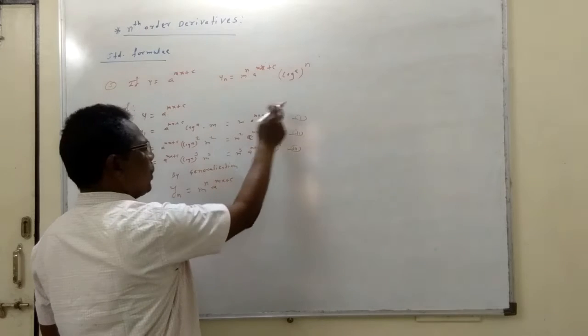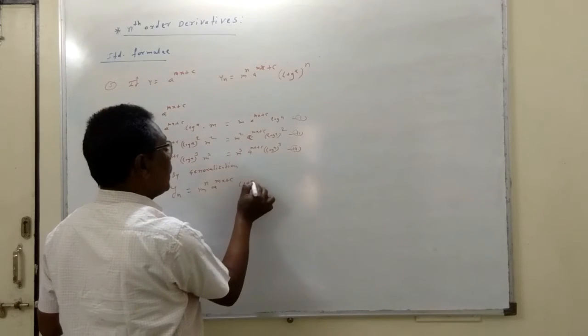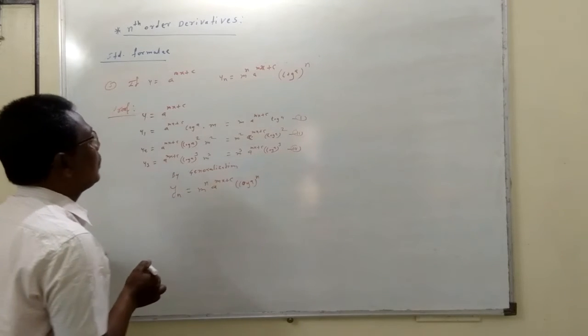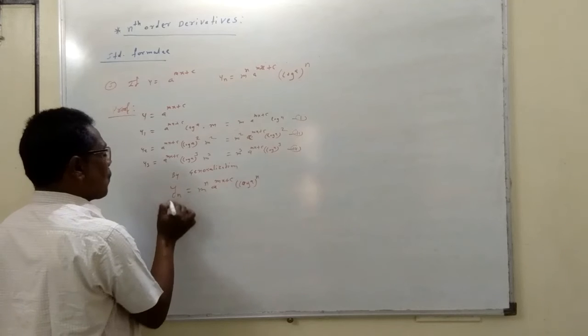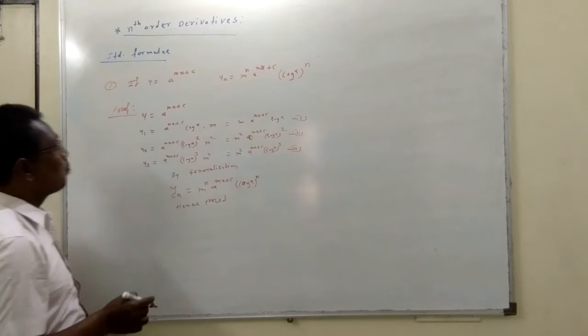The power of log a is 1, 2, 3, so (log a) raised to n for the nth derivative, and that is the result. It is proved.